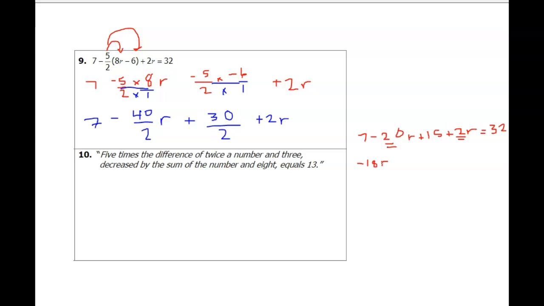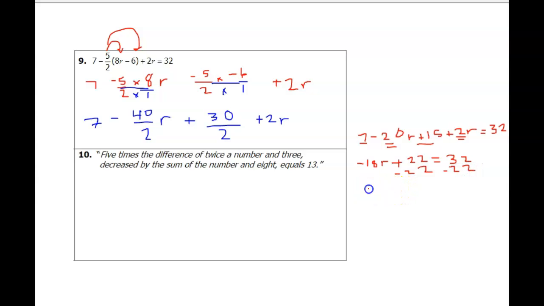All right, the next one. 7 and 15. Okay. 7 plus 15 is 22. So we got a plus 22, and it equals 32. I got to get this R by itself. So I'm going to subtract 22 from both sides.